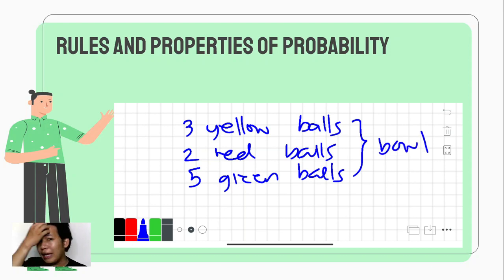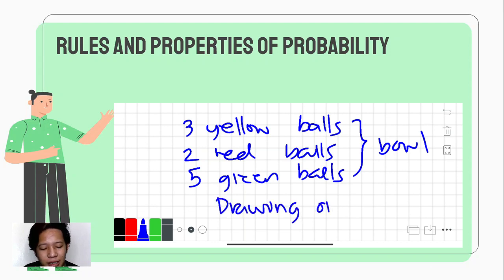So, in our sample space, let's say for example, our experiment is drawing one ball. Drawing one ball. Ito yung ating experiment. So, kukuha lang tayo ng isang ball.